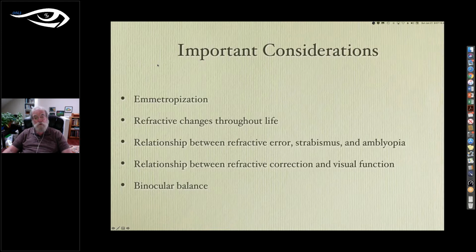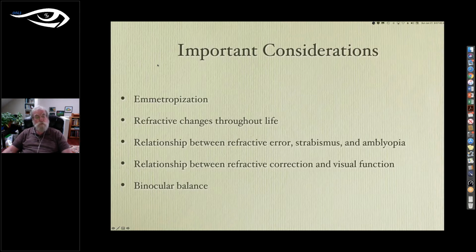But you can also think about myopia development in kids from 5 to 25, 35, 55 years of age as being part of that process as well. And even in older people, changes in the structure of the crystalline lens lead to some increase in hyperopia in some cases. So things change, and that's important to always keep in mind. This is not a static situation.